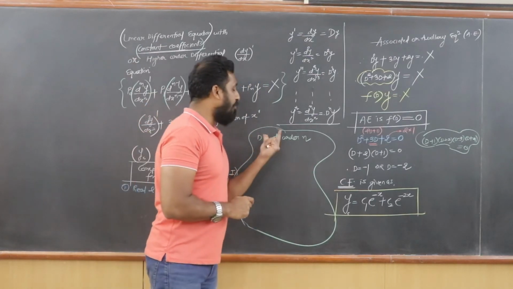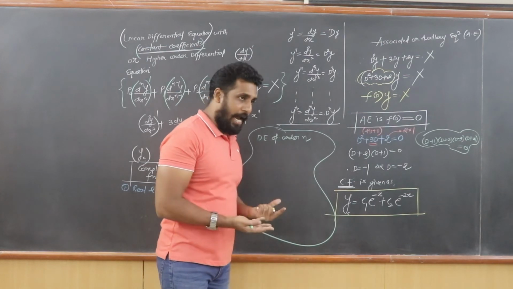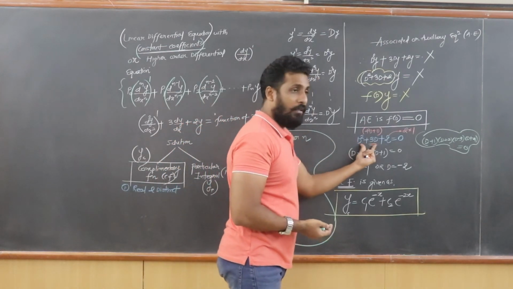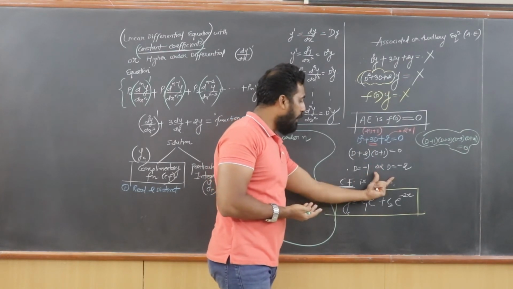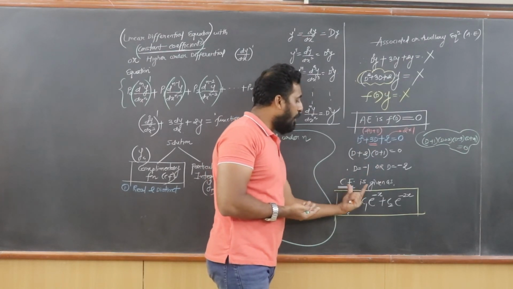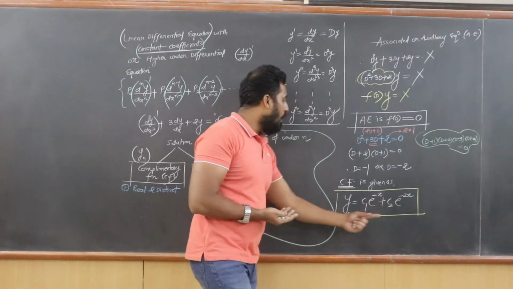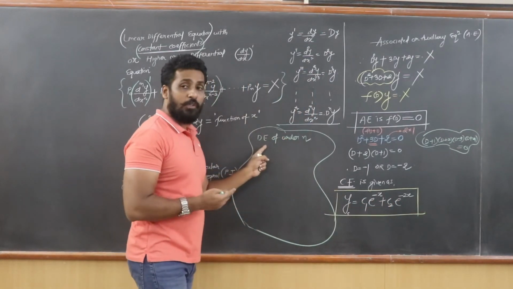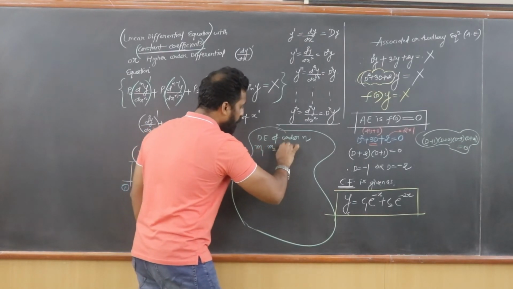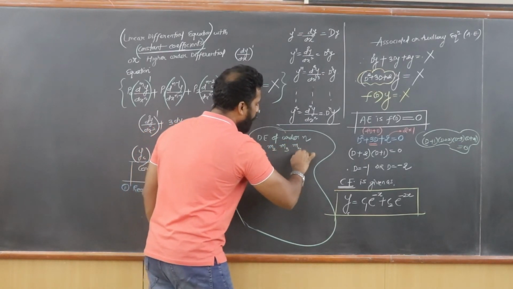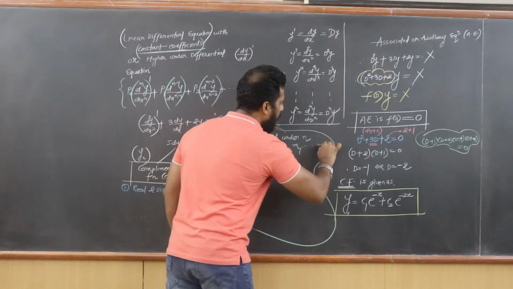So as I said, I have taken a differential equation whose order was n. Earlier I took a second degree equation, order was 2, power is 2. I've got two values of D, hence my complementary function contained two constants. Here I am telling that it's a differential equation of order n. Let the roots be m1, m2, m3, m4 and so on till mn.